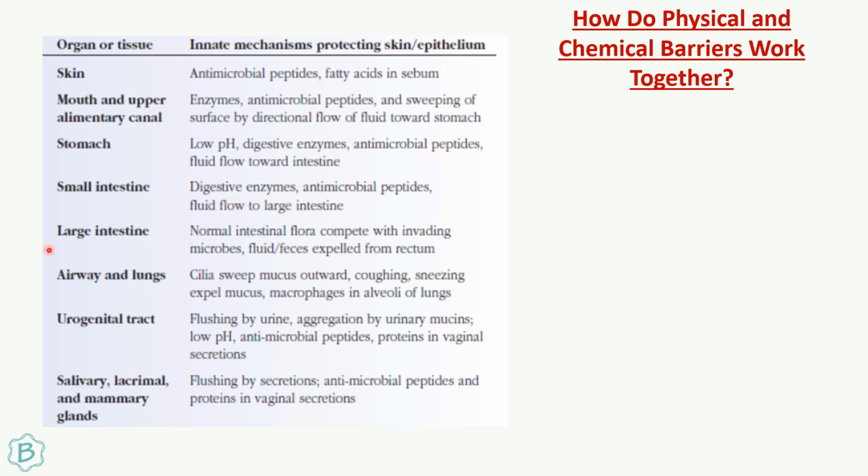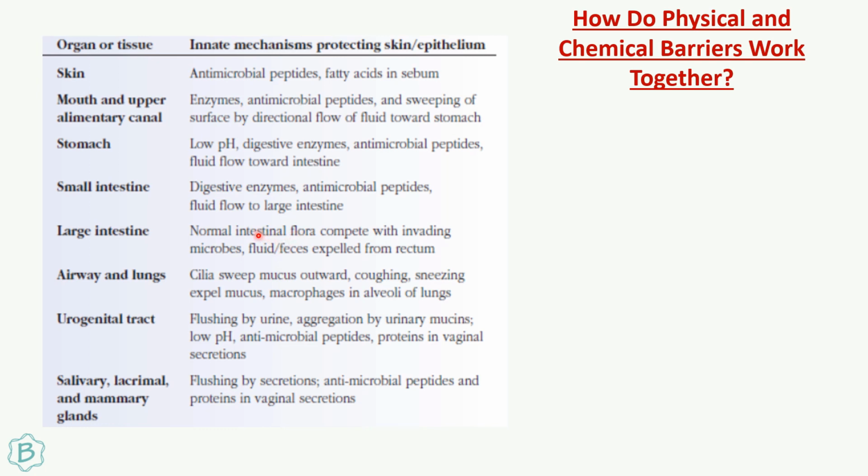Then comes the large intestine. So the large intestine has a very high quantity of intestinal flora. So flora would be the normal resident bacteria which live in the large intestine and contribute to the bodily functions. These flora would compete with the invading pathogen and they would not allow them to take place in the large intestine.